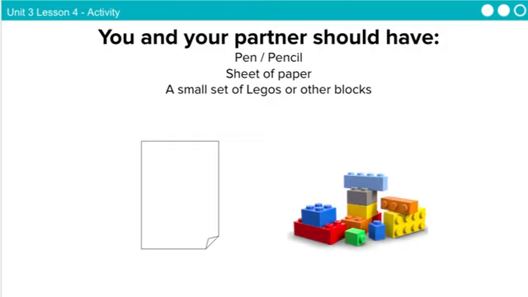So you're going to have some small paper cutouts that are kind of shaped like Legos, except 2-dimensional. You're going to grab a plain sheet of paper, which you could actually do in your journal, and then something to write with.